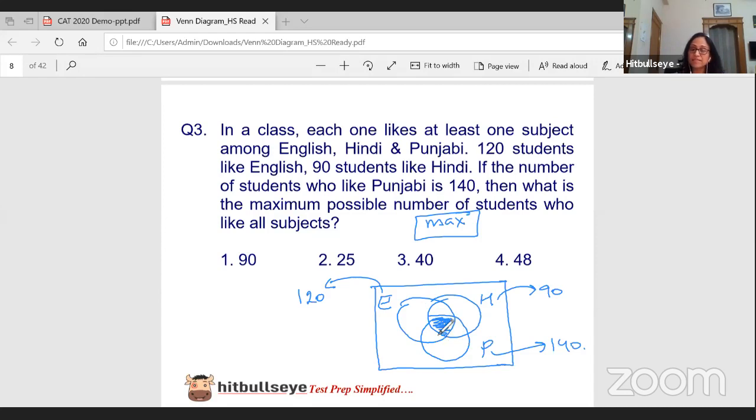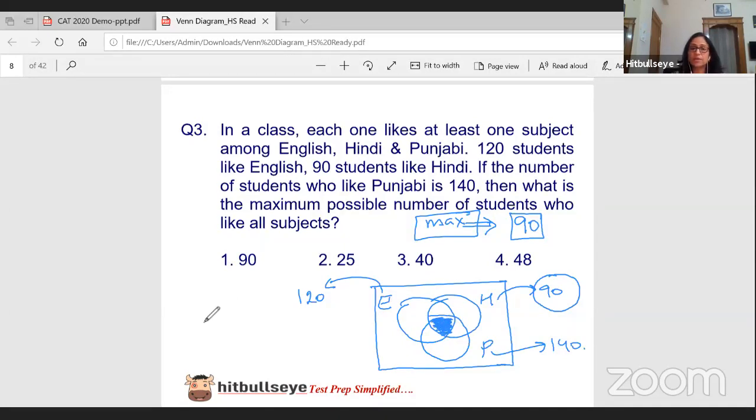If you want to maximize these people, I cannot maximize it beyond 90 because this shaded portion indicates people who speak English as well as Hindi as well as Punjabi. What can be maximum such people? Obviously, the maximum such people cannot be more than 90 because Hindi people are only 90 in number, right? If I take even 91, that one person doesn't speak Hindi. So how is he being counted here?